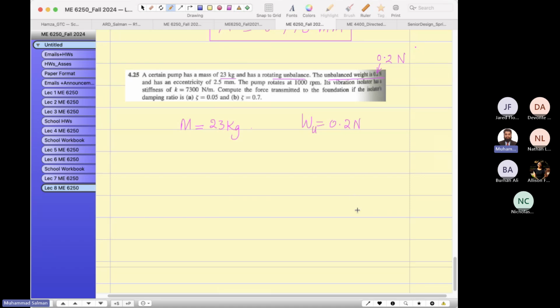This is the unbalanced weight, not the mass. Can you find out the mass? Yes, you can. Look, 0.2 divided by 9.8. Let's find it right now so that we can use it in our problem: 0.0204. So this is in kilograms.